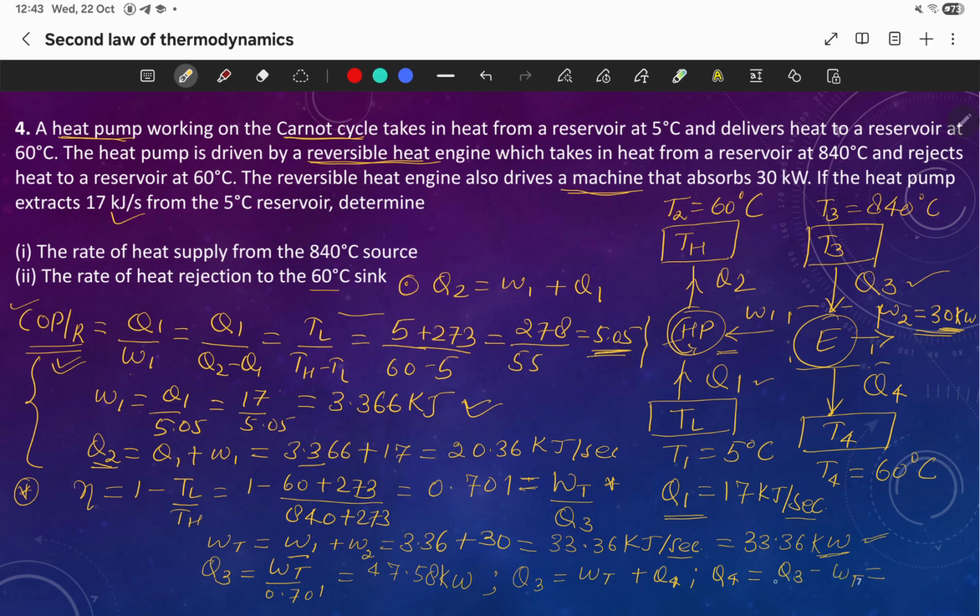We have calculated the Q3 value, we know W total. Just do this calculation. Q3 is 47.58 minus 33.36. We will get 14.22.